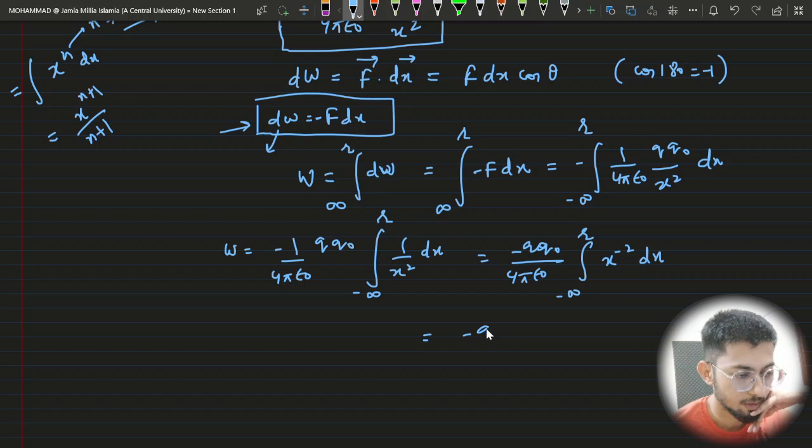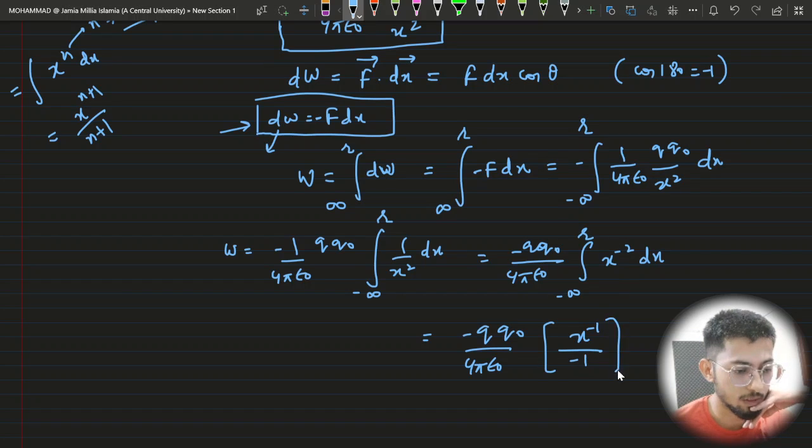So let's apply that here. x to the power minus 2. So minus 2 plus 1 would be minus 1, upon minus 2 plus 1, again minus 1, and the limit going from infinity to r.